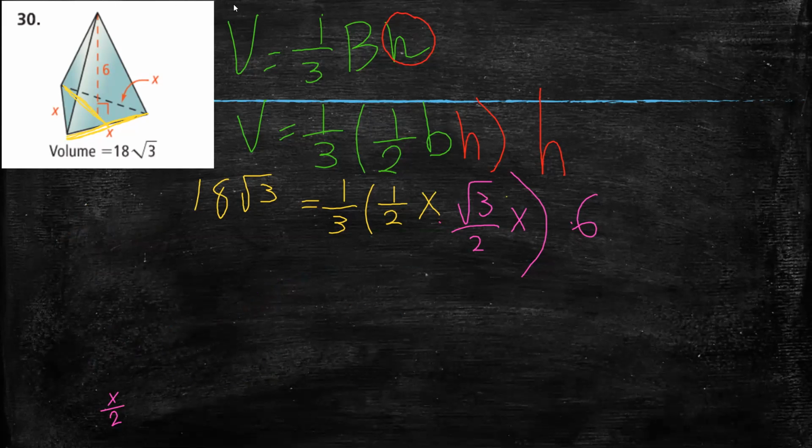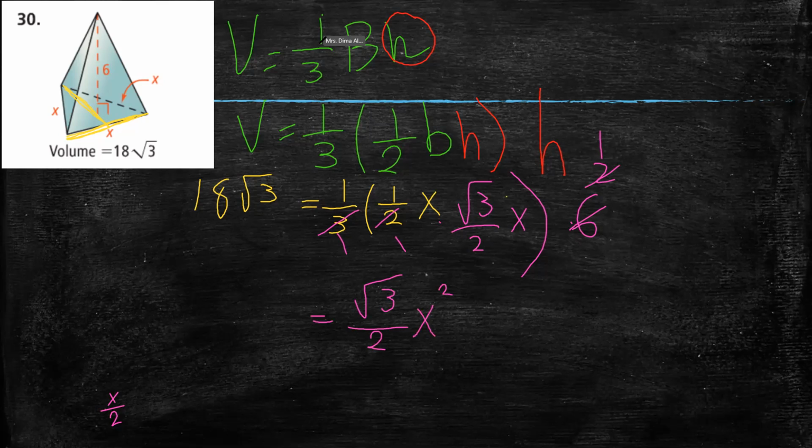Now then, square root of 3 over 2 times x squared is 18 square root of 3. Now, square root of 3 cancels square root of 3. Do you know why?